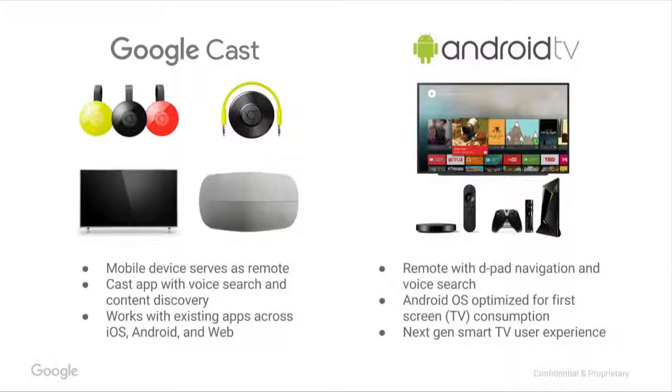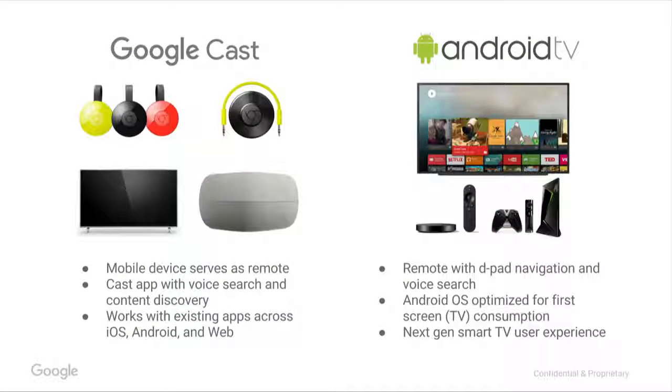So one of the things Adam already touched on is Cast being a very mobile-centric approach on getting the consumer to the content on the TV, with Android TV traditionally being more of a remote control driven, lean back experience. You sit back on the couch, you just grab the remote control from the table and start playing content.